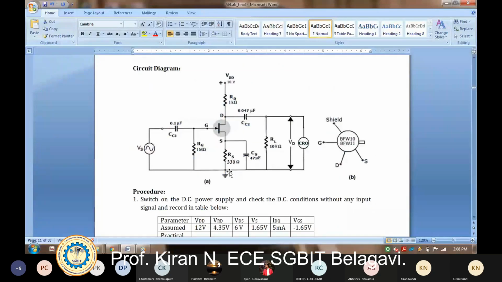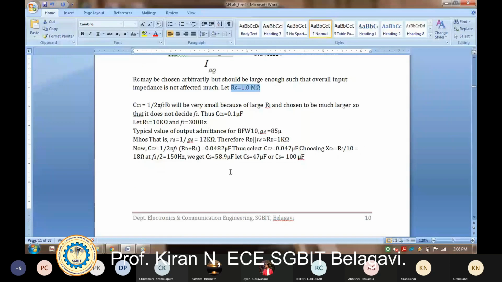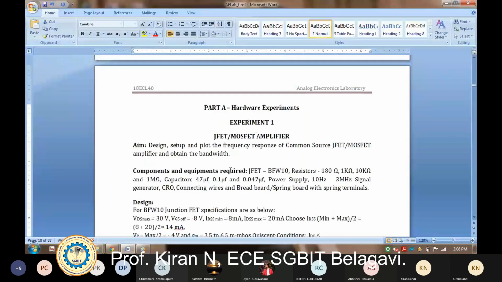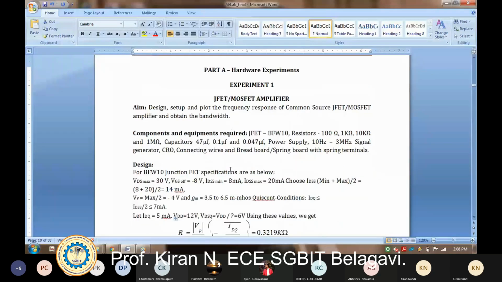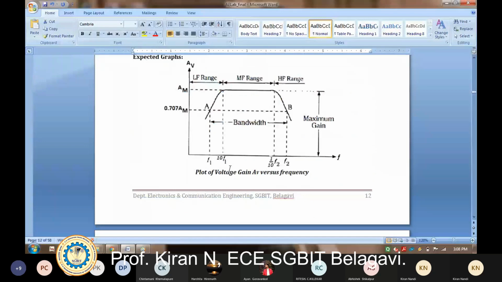And then you are going to apply the input voltage. Basically what is the aim? We have to design it, set it up and find the frequency response, how the frequency response is. This is the circuit diagram here and you'll be getting a frequency response like this.